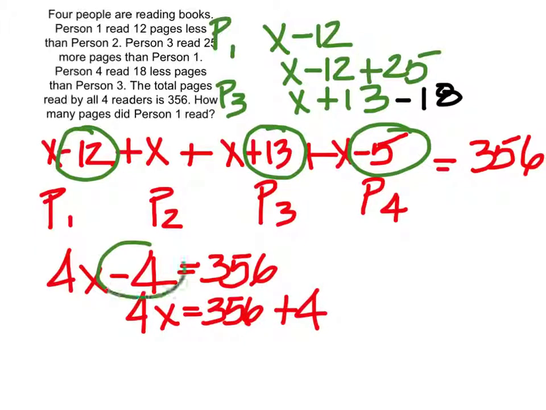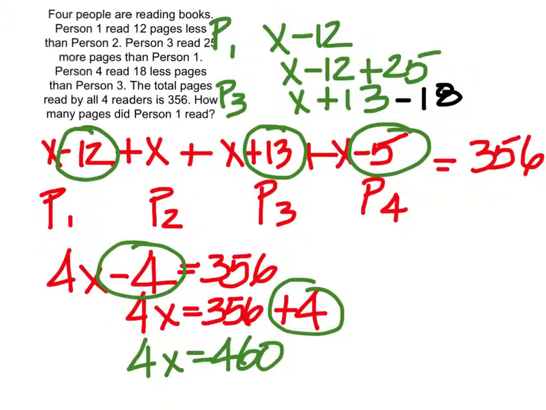Always remember to do the opposite when you cross the equal sign. So 4x equals 360, yes, 360. 360 divided by 4 is 90.